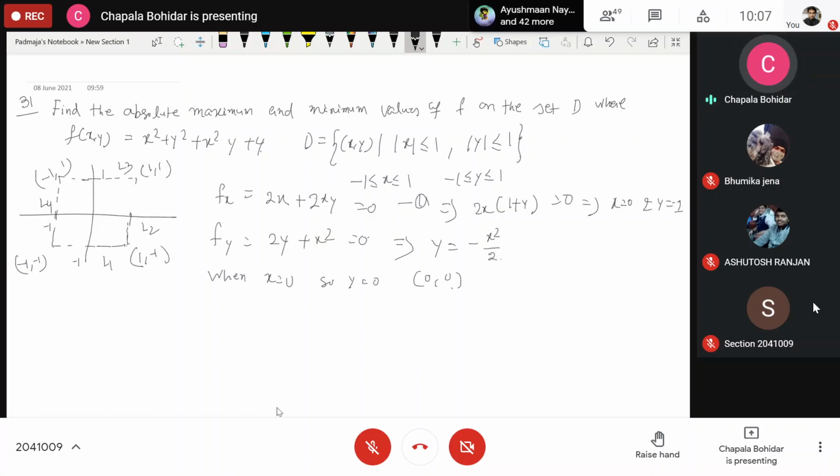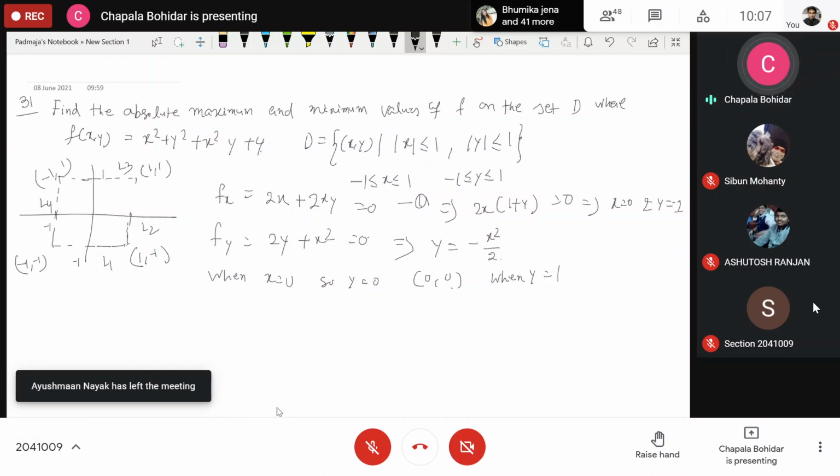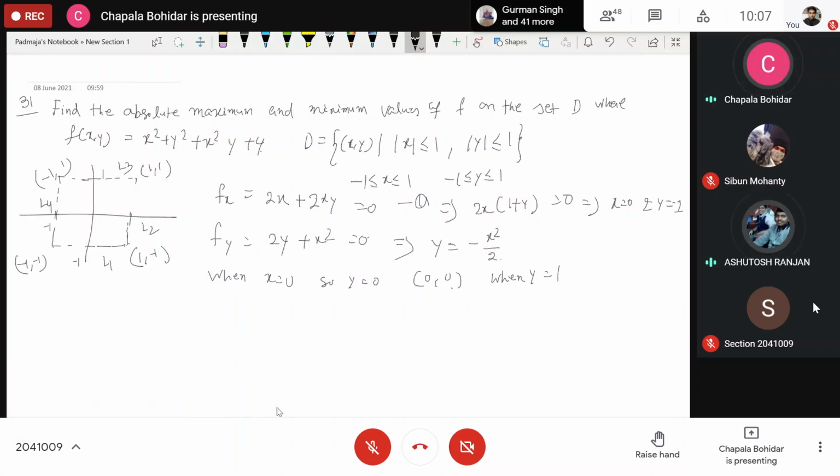Again, when y is equal to -1, then x is equal to plus or minus root 2. So the critical points are (root 2, -1) and (minus root 2, -1).